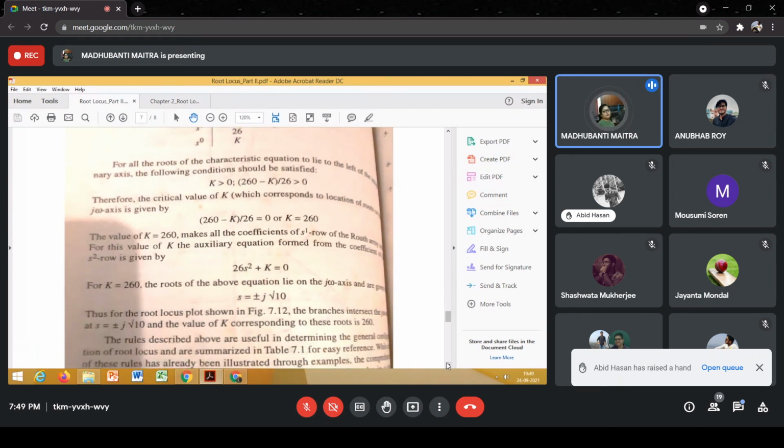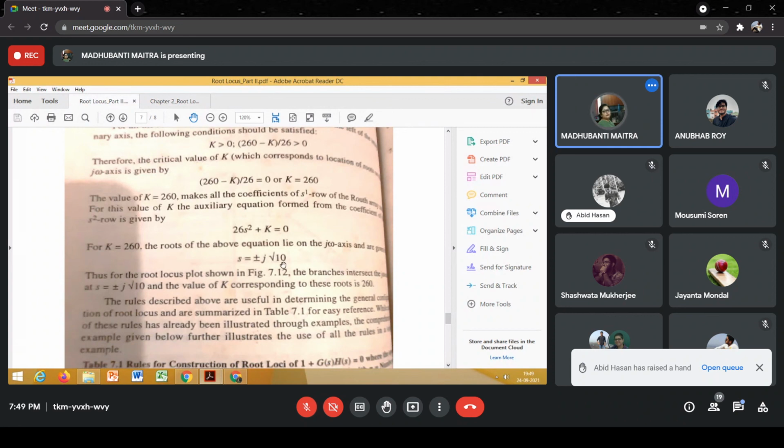Okay, so we can solve this, and we find that for a value of gain k equal to 260, two roots of the characteristic equation will be on the imaginary axis, hence the system will be limitedly stable, and the roots are located at plus minus j root 10, right?